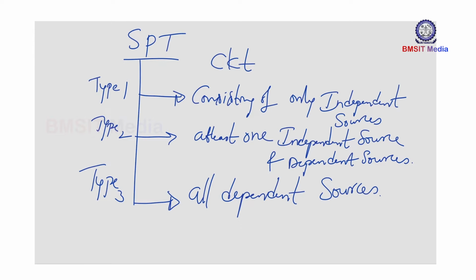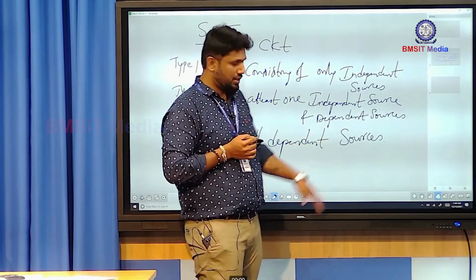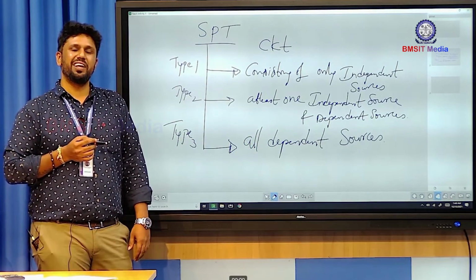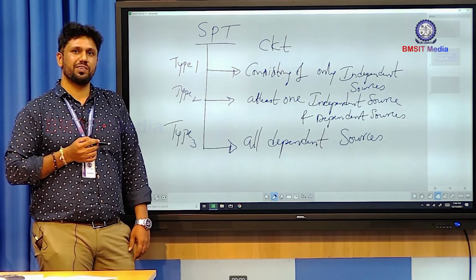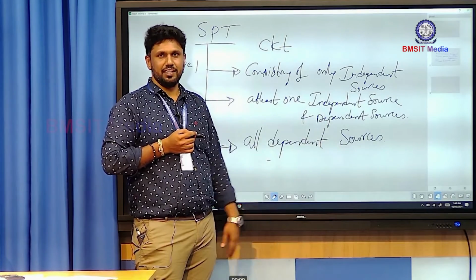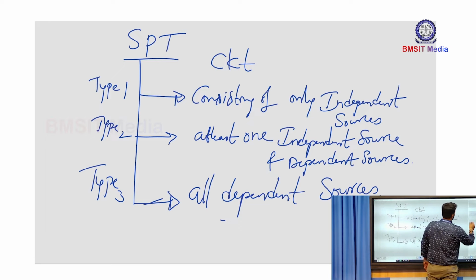In case of type 3, when the circuit has all dependent sources, these dependent sources have significance only in the presence of at least one active source. If it is present in the network, these dependent sources will have significance. Otherwise, say for example, I'll consider a network with only dependent sources.